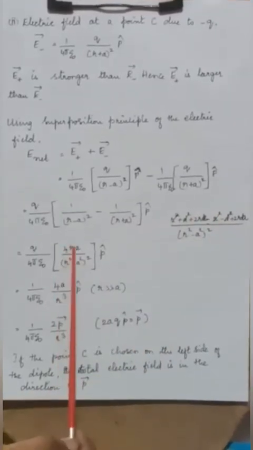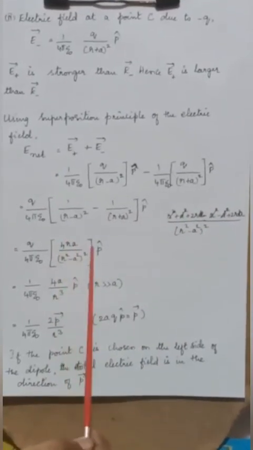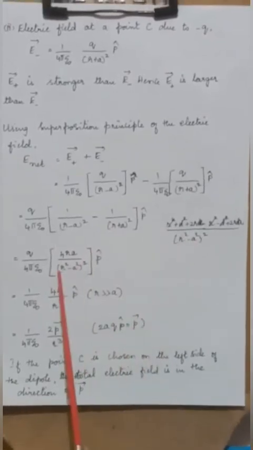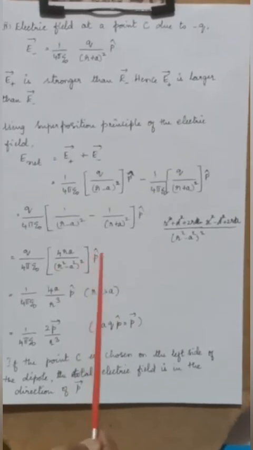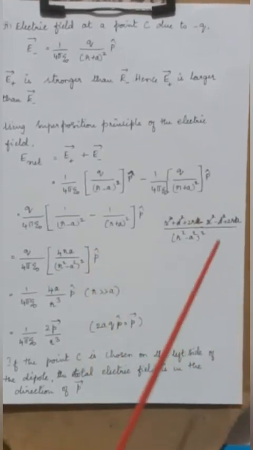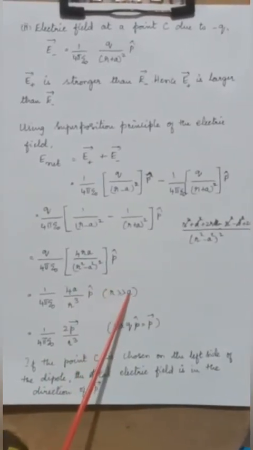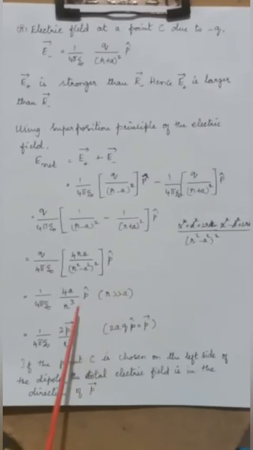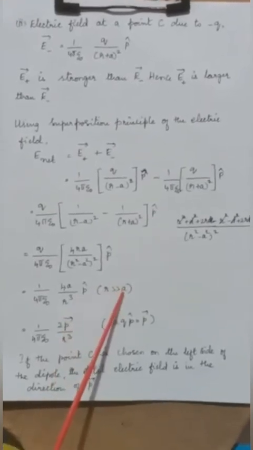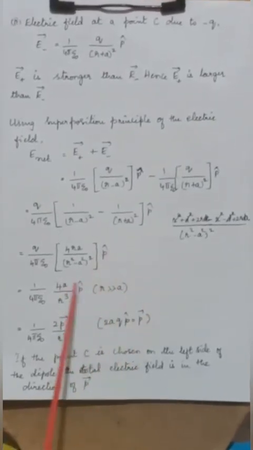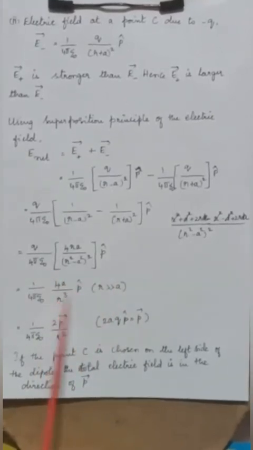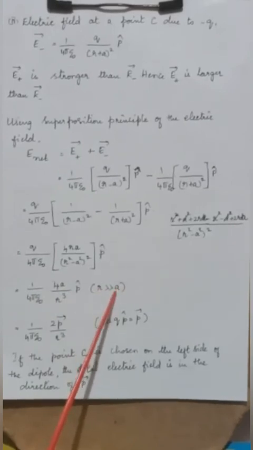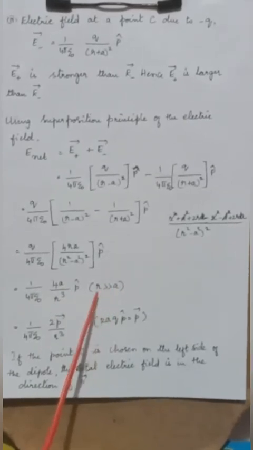gives me 4ra divided by what is there in the denominator, (r square minus a square) the whole square, then this is the unit vector. Now when you consider r and a, r is greater than a, so in the denominator alone you can eliminate a, but in the numerator you cannot because it is in multiplication. In the denominator, when you compare r and a, a is very small, so I can eliminate that.